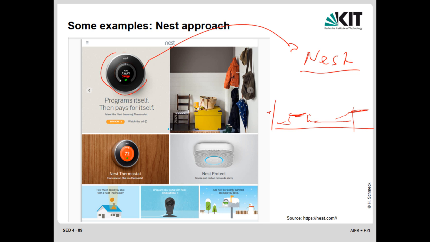In particular, if you have devices where you can set the time when your radiator should heat the room, and you don't have a stable time schedule or a stable presence profile in your house, then you would have to reprogram all your controllers on the radiators every day, and this does not make sense. So quite often these intelligent controls of radiators do not really save that much energy.